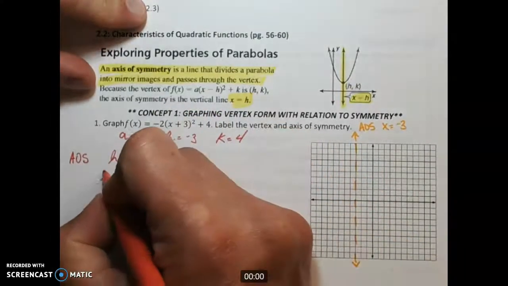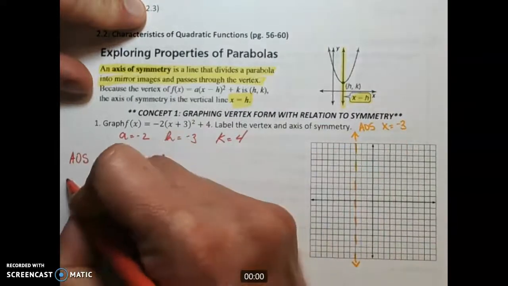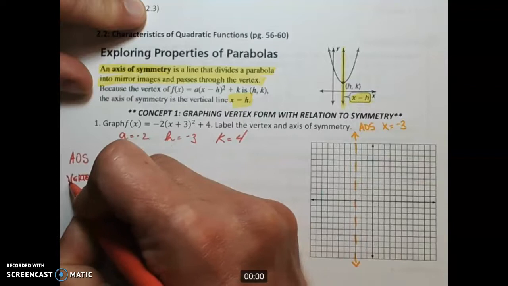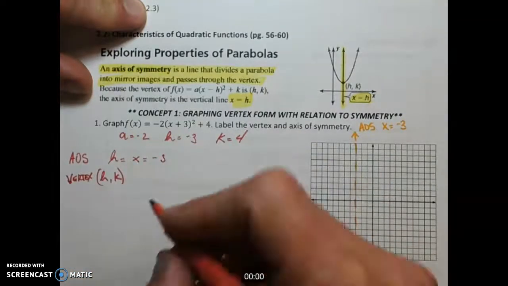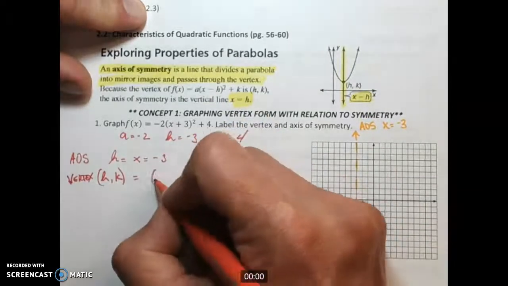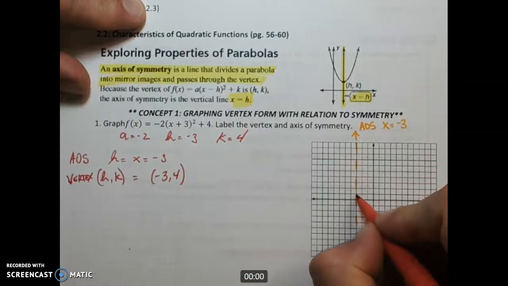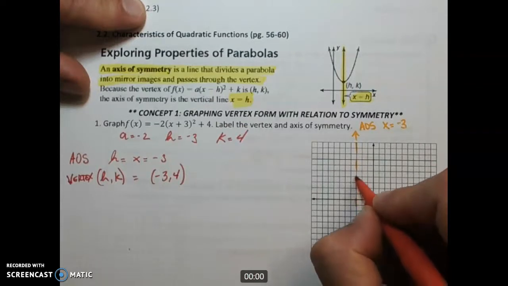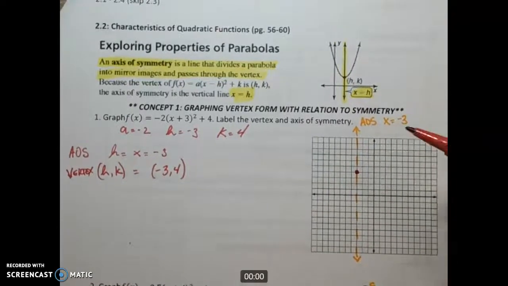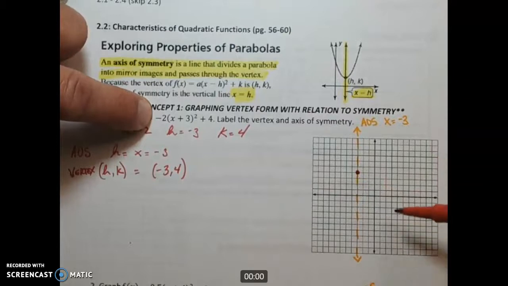And your vertex is h, k. In this case, h is negative 3, k is 4, so negative 3, 4. So negative 3, and then I go up 1, 2, 3, 4. Right there is my vertex, highest or lowest point. Because I have that negative right there, it's going to reflect, so it's going to be my highest point.